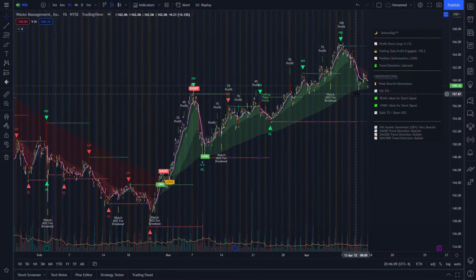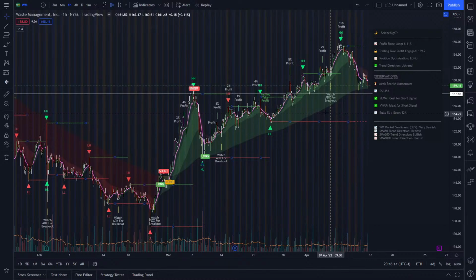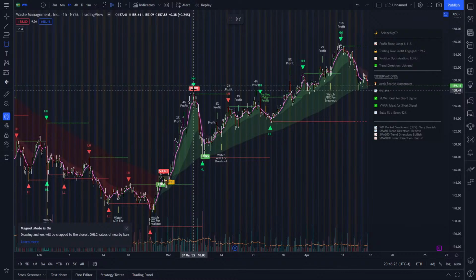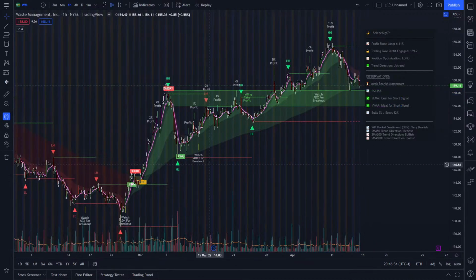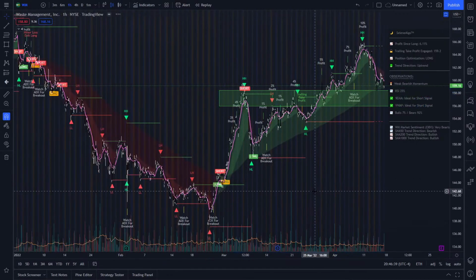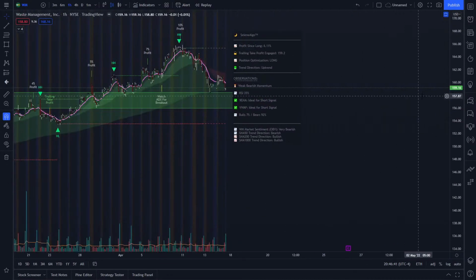I'd watch this 157.87 level right there. For Waste Management, actually, I think we're going to build a little bit of a box here. See that little bit of demand right here.